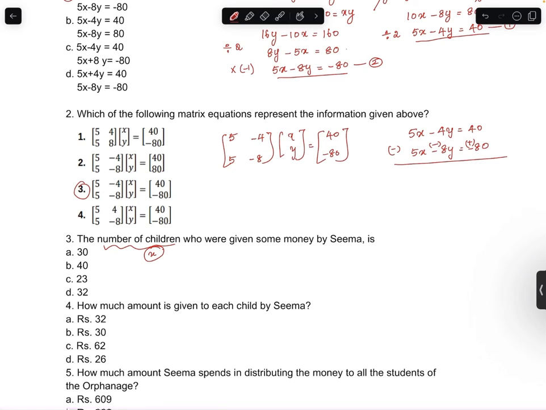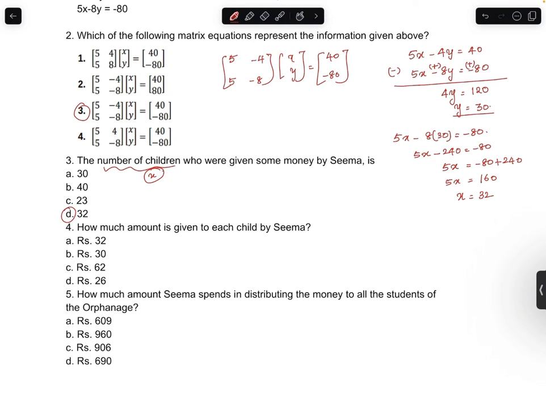So we get 4Y is equal to 120. Y is equal to 30.